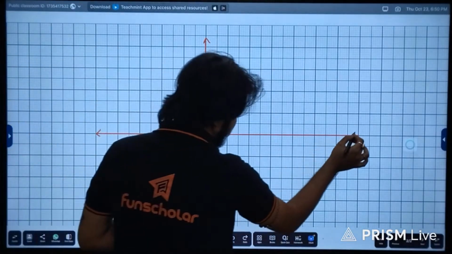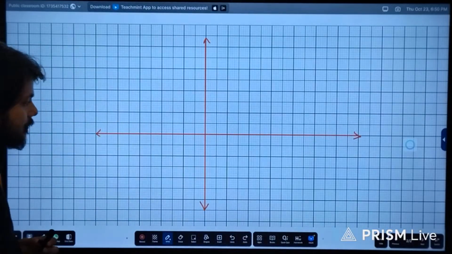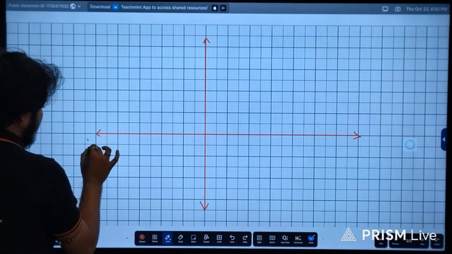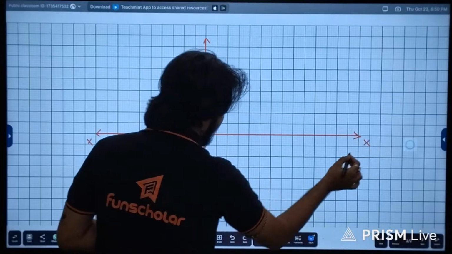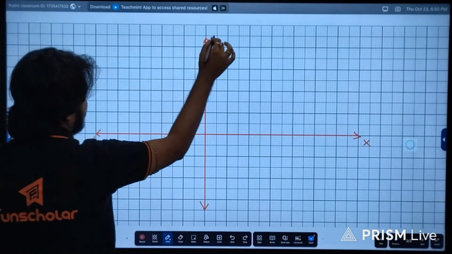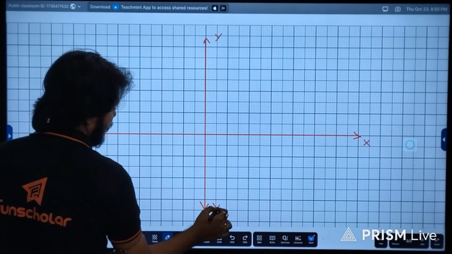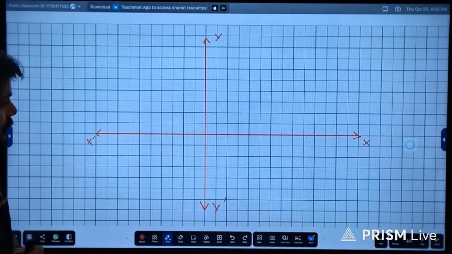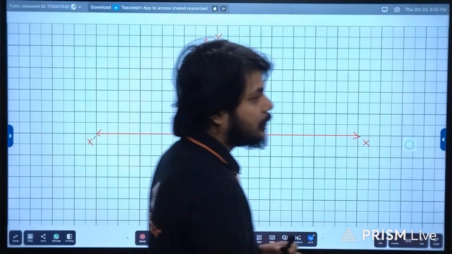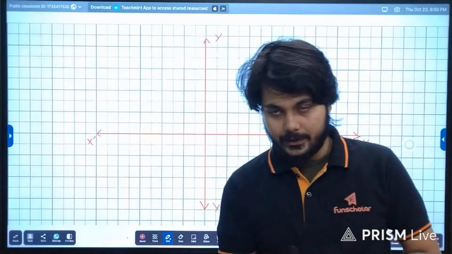We will mark arrows. Then this is x dash and y dash. Clear? Now we are going to plot the three coordinates.